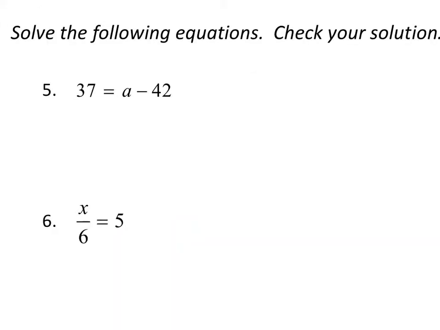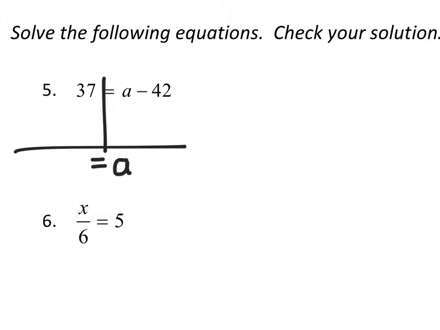So number 5. This is a very basic problem. Solve the following equations and check your solution. We'll talk about checking the solution here in a moment, but let's just look at solving this. The idea for solving these is that we want to know what the value of the letter is. In this case, we have an A. All I want to know is what A equals.